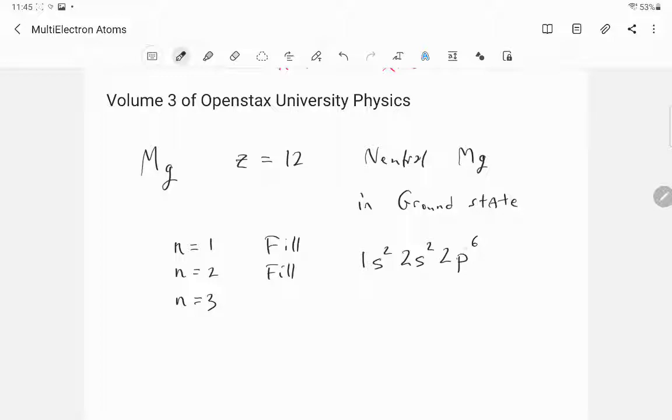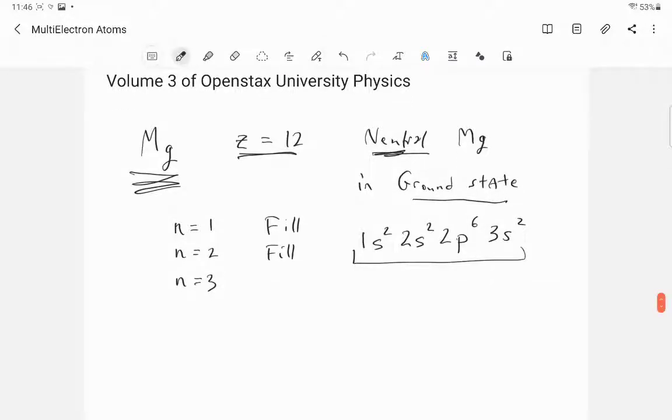And p comes with 6 different quantum numbers, right? And then we fill the 3s orbital, and now we're finished. This is manganese's ground state, or actually neutral manganese ground state, because I have the same number of electrons represented by this spectroscopic notation as the number of protons. Okay.